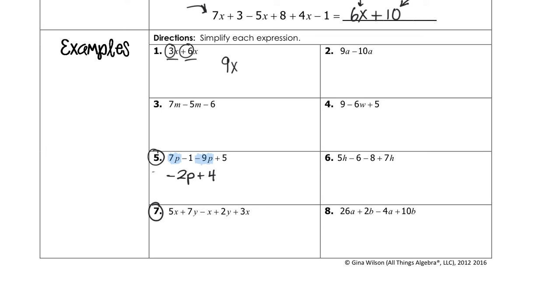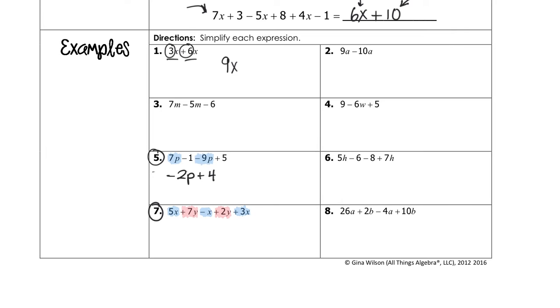So I'm going to have to keep my tally of x's separate from my tally of y's. I'll highlight my x's: 5x, negative 1x, and a positive 3x. Then I'll highlight my y's: positive 7y and positive 2y.